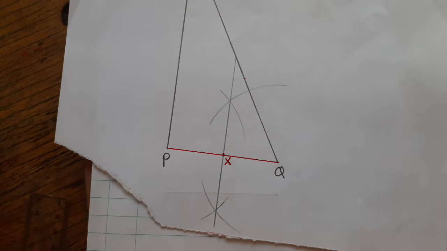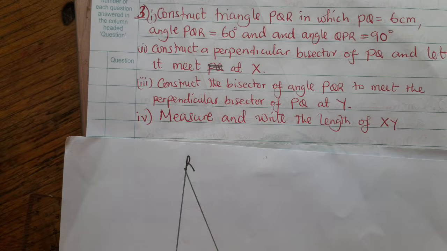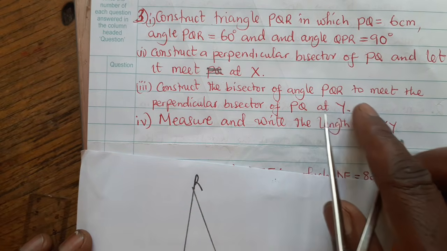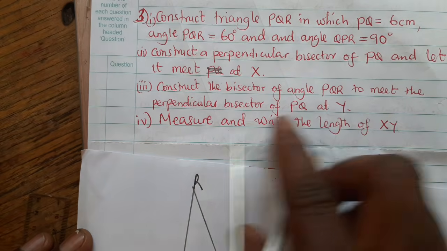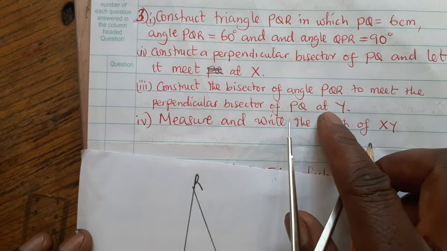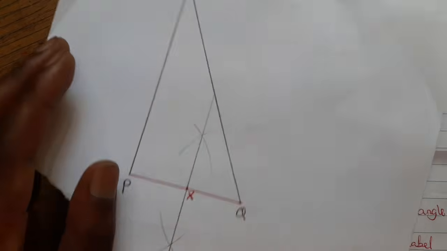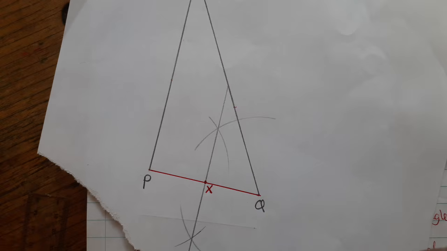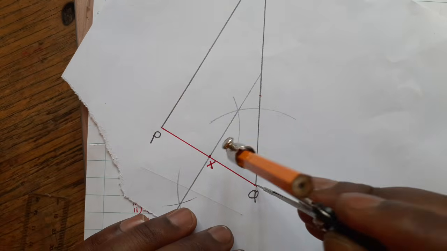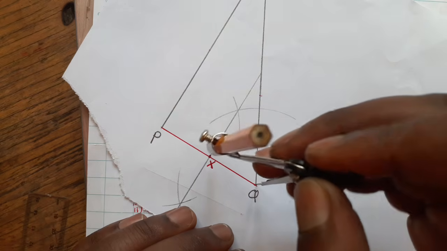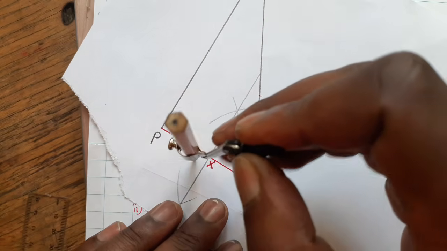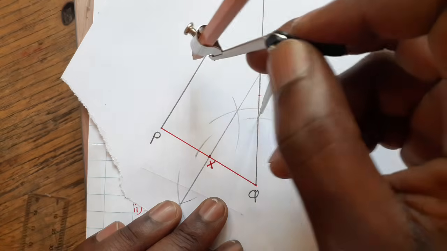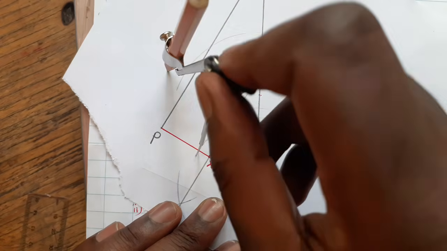All right. Then the next question now is, construct a bisector of angle PQR to meet the perpendicular bisector of PQ at Y. All right, so we need to bisect this angle here, PQR. How do we bisect this angle? I think we have talked about these things. So we did say that you do an arc here, another arc here, then you adjust. Now you use these ones, you can do this, change, you do this.